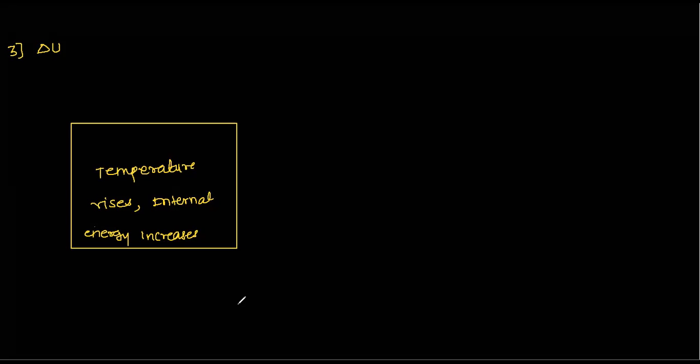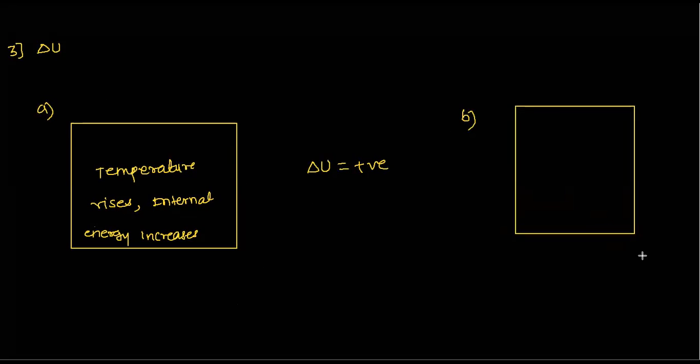Temperature rises means what? Shall I draw on thermometer to understand? Or you will understand temperature rises? No. So I have written directly here. Then delta U is positive. Okay. And this is A for this. And B also I am drawing here only without wasting more time. So here it is temperature decreases.